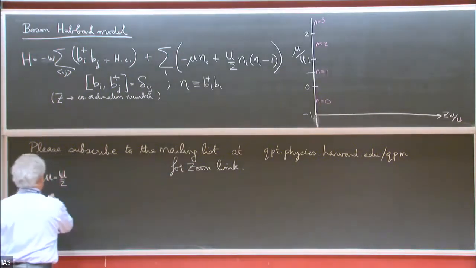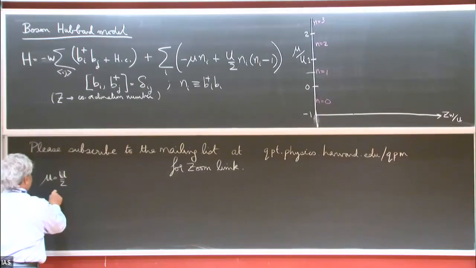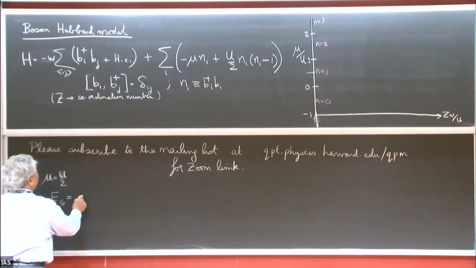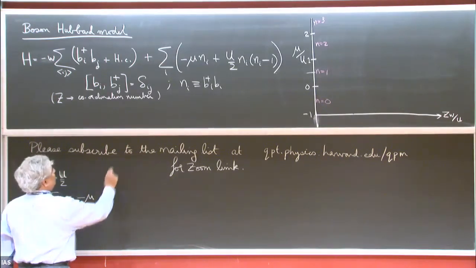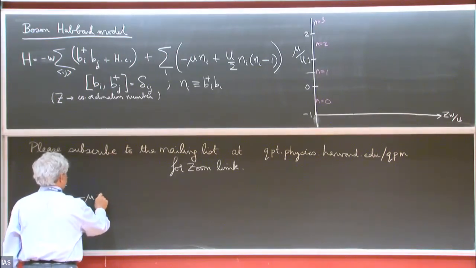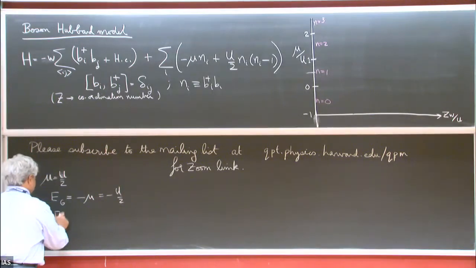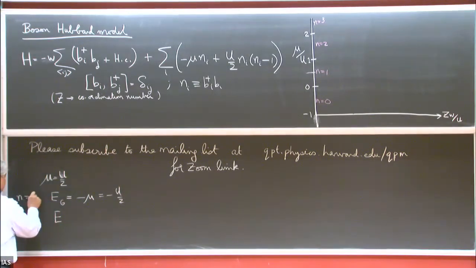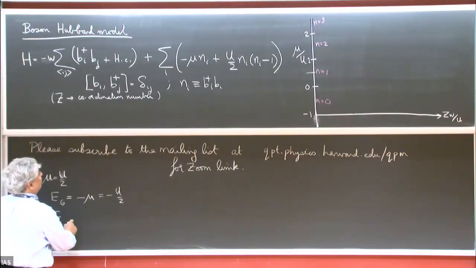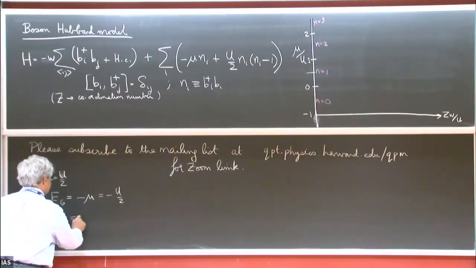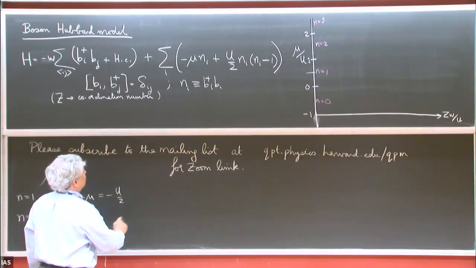The ground state energy is n equals 1. So the ground state energy is minus mu, and there's no U, which is minus U over 2. You could have n equals 0, and that has energy E0, and that's just 0.